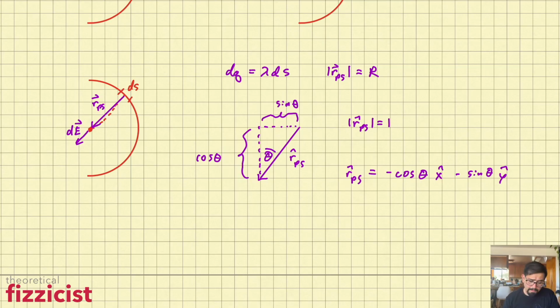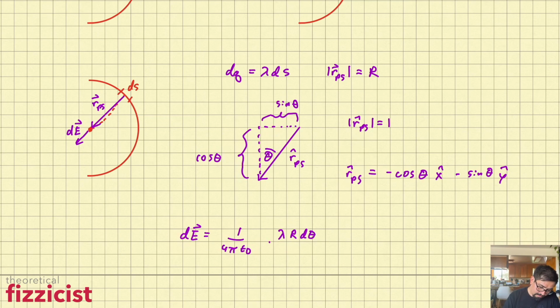Cool. All right, beautiful. So we got our r_PS hat vector. We got the size of our r_PS vector, which is just the magnitude of the radius for this half circle. I know how much charge is on this little chunk, so boom, I can calculate my electric field. I get that dE is equal to 1 over 4 pi epsilon naught lambda ds, but remember ds was equal to r d theta, yes?